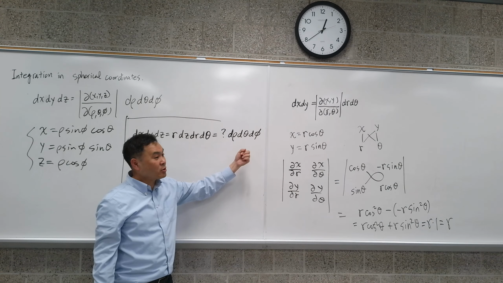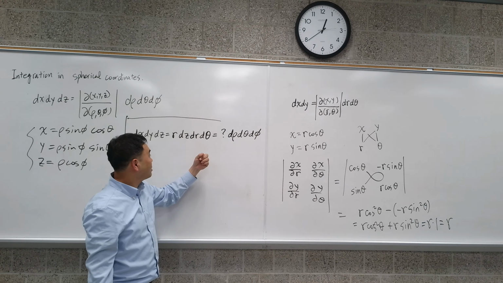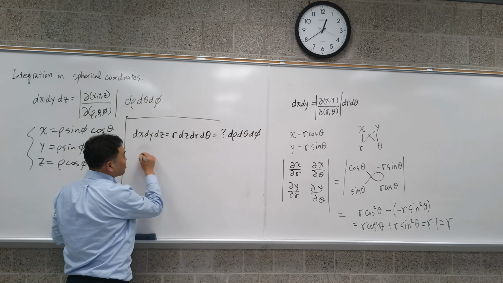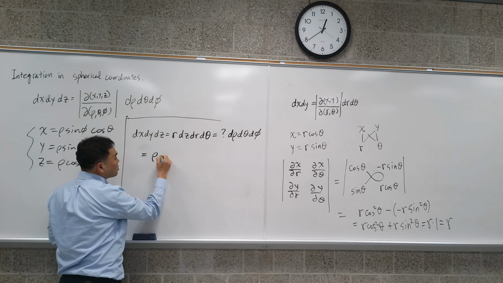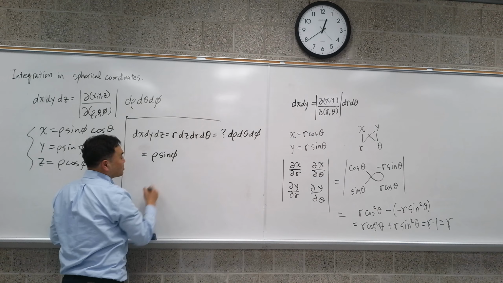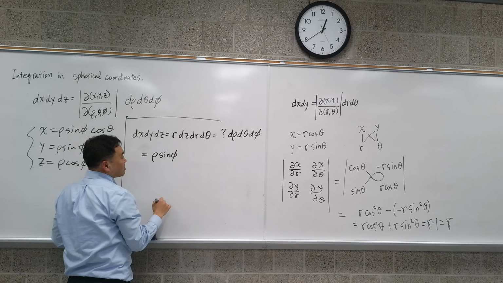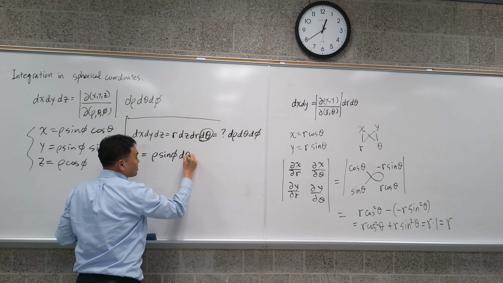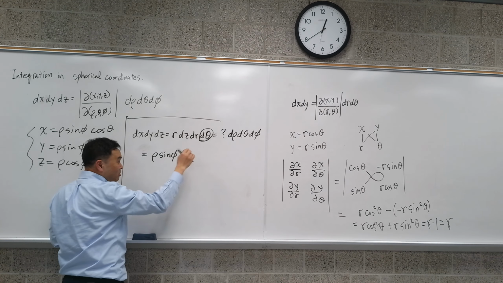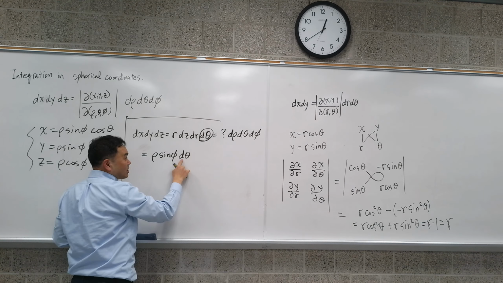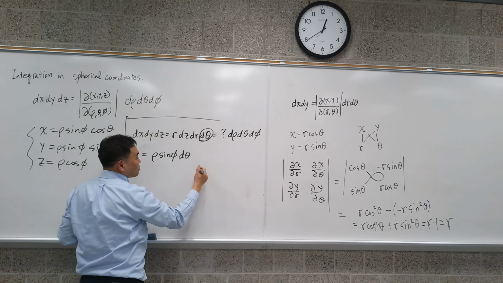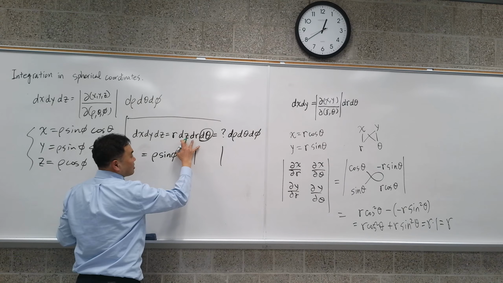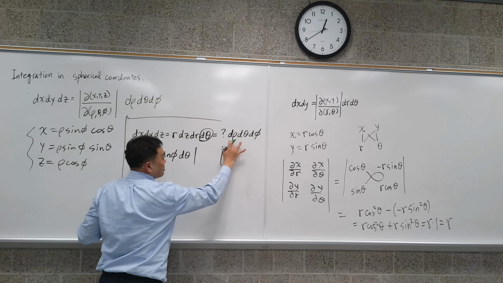So what we're going to do is keep the r, but rewrite r. R is rho sine phi, that's already there, okay? Rho sine phi. And we're just going to take the d theta and not care about that, because that's the same. But we're going to go from dz dr to d rho d phi.